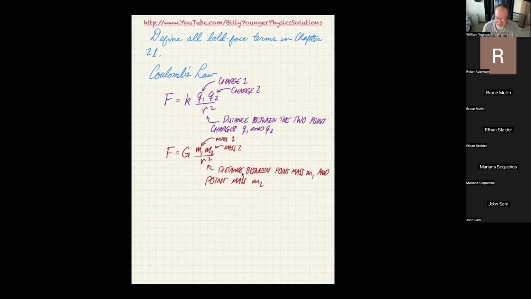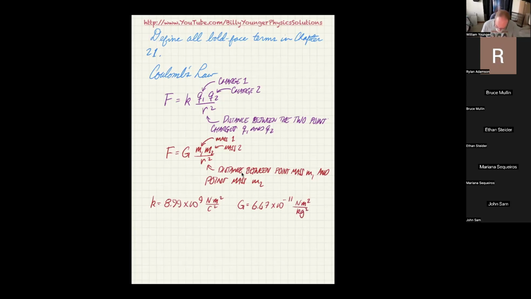Now, the big difference here is K is equal to about 8.99 times 10 to the 9th. And that ends up becoming Newton meters squared per Coulomb squared, whereas G is equal to 6.67 times 10 to the negative 11 Newton meters squared per kilogram squared.